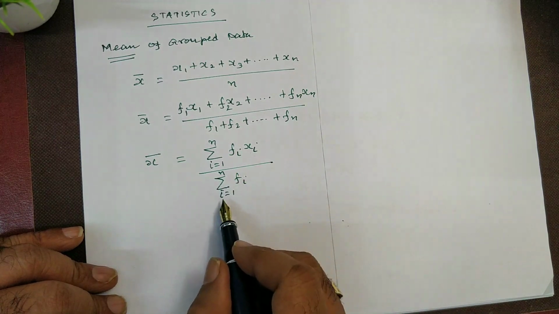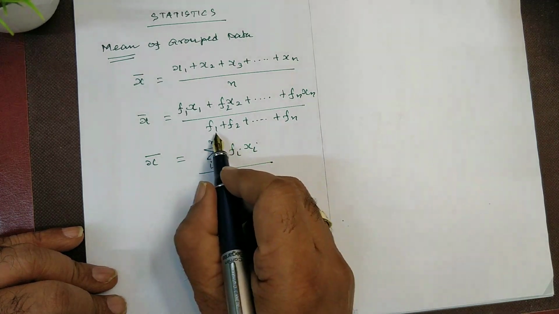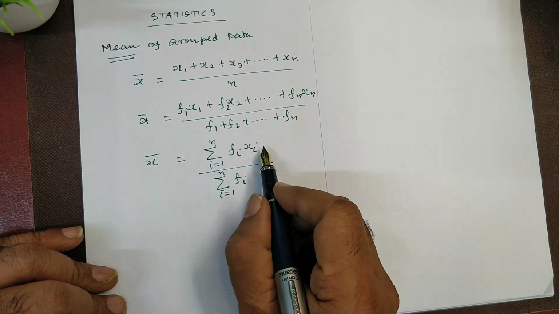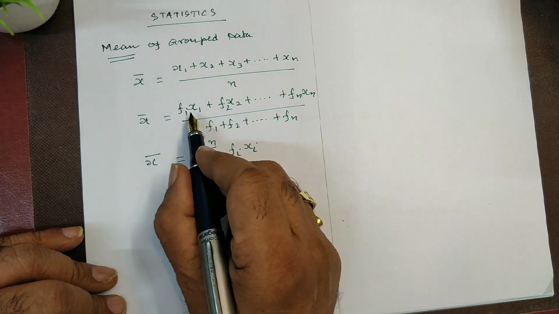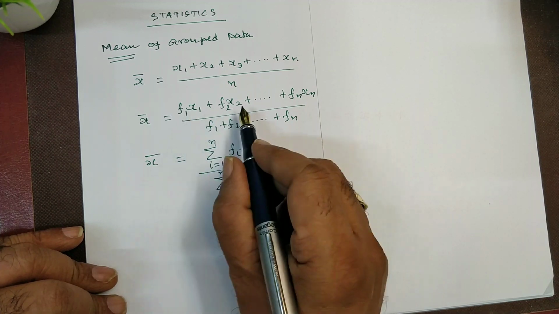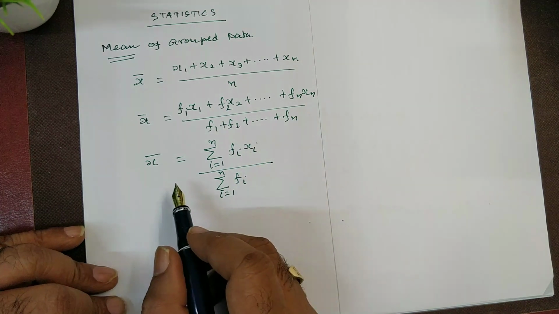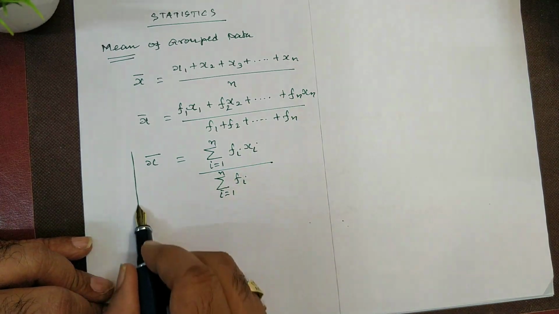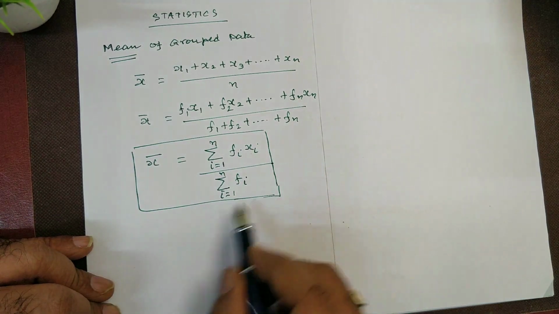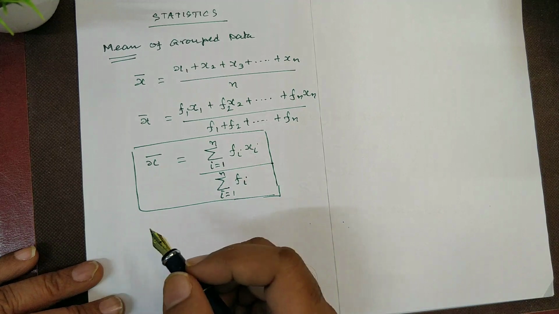The summation of fi is nothing but the sum of frequencies. The sigma fi xi is nothing but the sum of the product of x1 and its respective frequency, x2 and its respective frequency, etc. So this is simply represented in this way. What is this x bar? This is nothing but the mean.